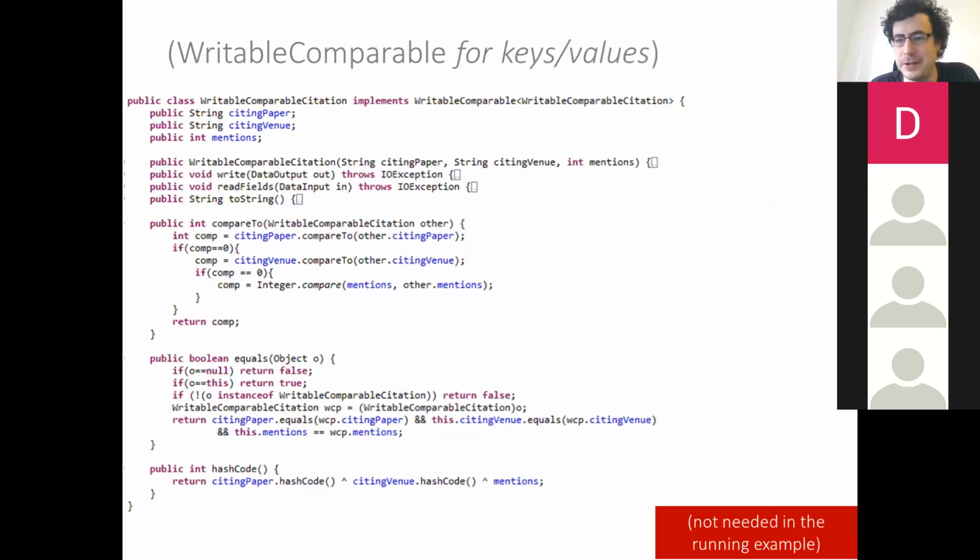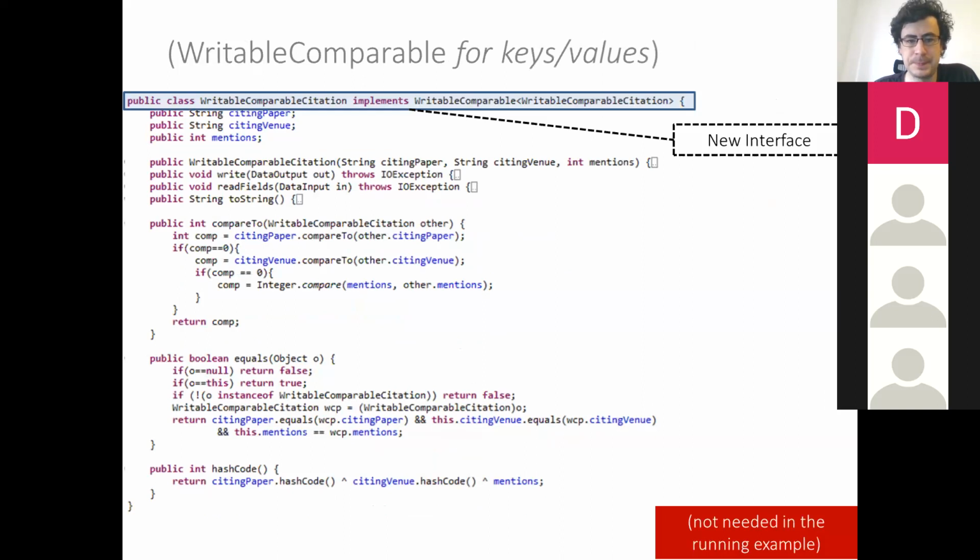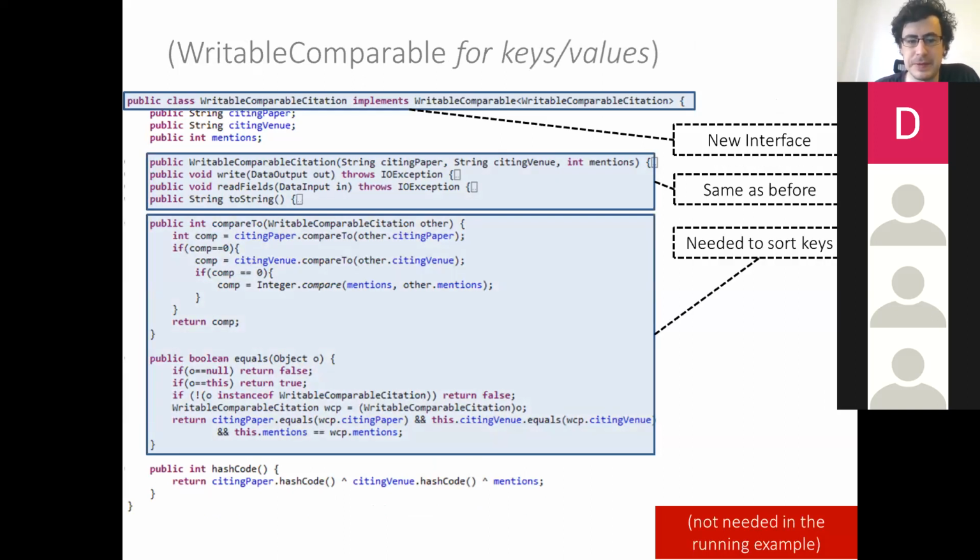But in the lab, you won't need to do this. You'll need to just implement a map and a reduce. Okay, thank you. So if in some future scenario you wanted to implement custom key types or custom value types, this is what you'd need to do.